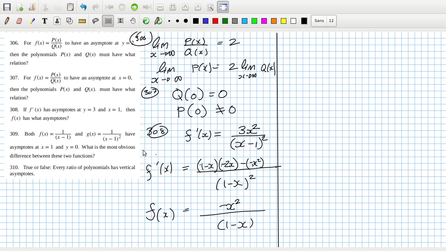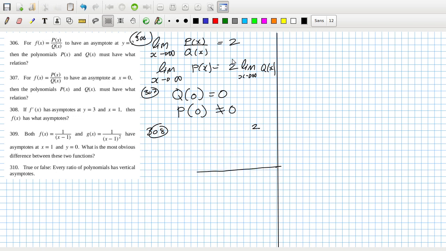Okay, maybe it's a bit tricky to construct it in reverse. Maybe I should just think about the graph and its slopes. So if we think about it like this, we have a graph that has an asymptote at 1, and then also at 3. So it could be something like that.